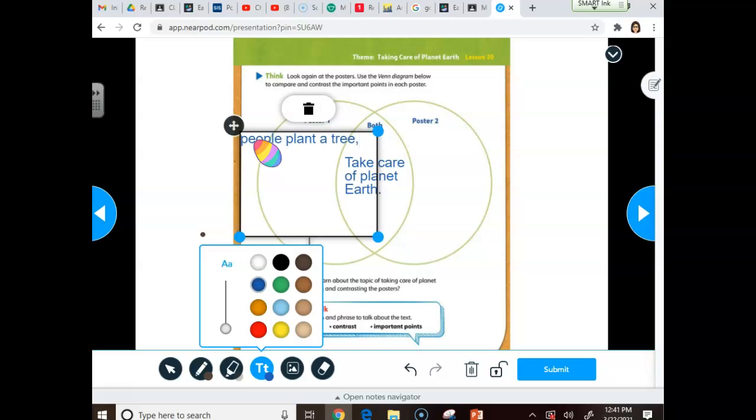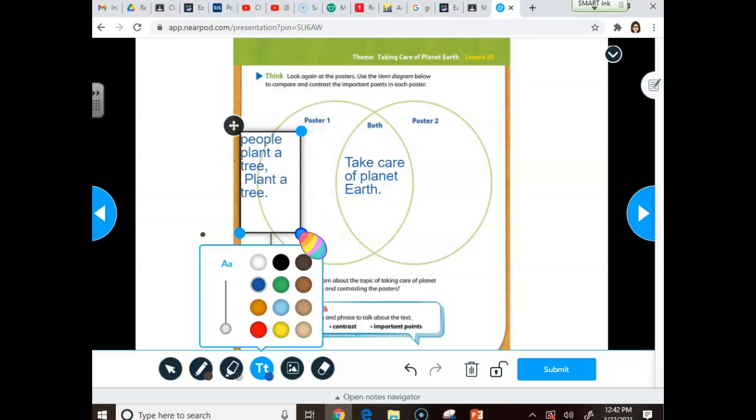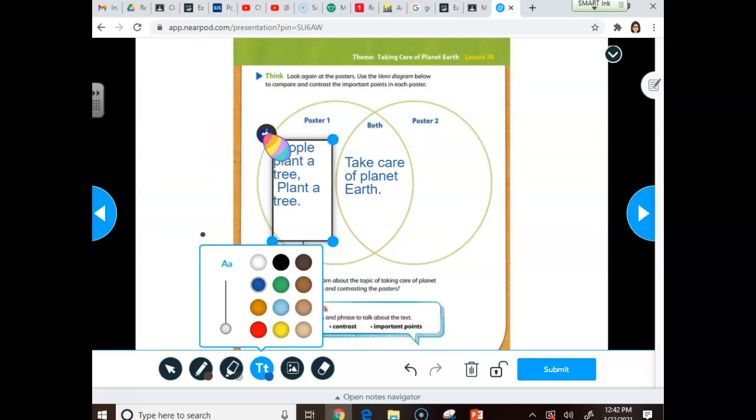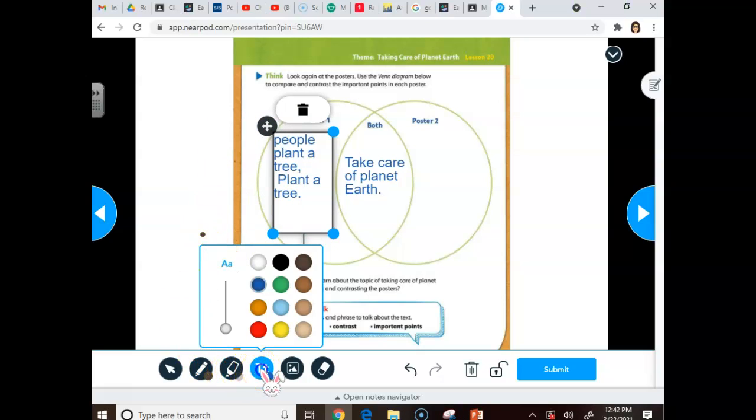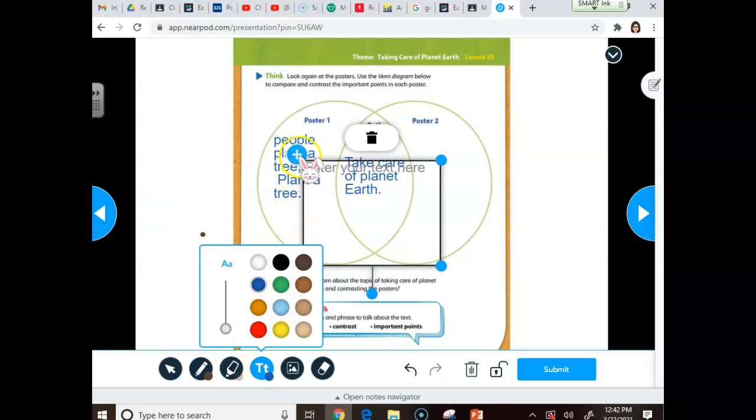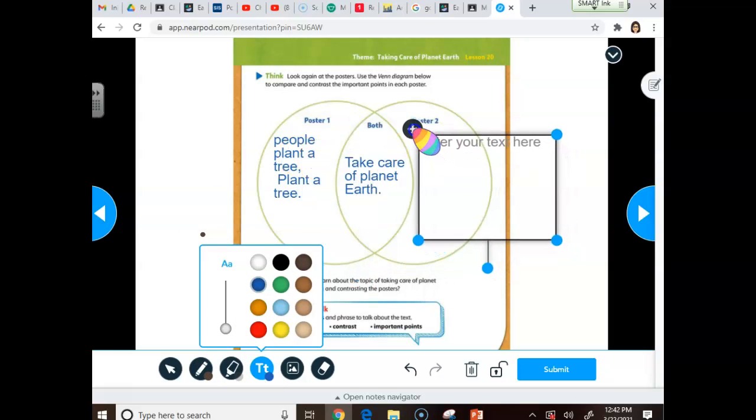And it tells us to plant a tree. I'm going to shorten it up so it'll fit on this side. And then for poster 2, we see animals in the woods.